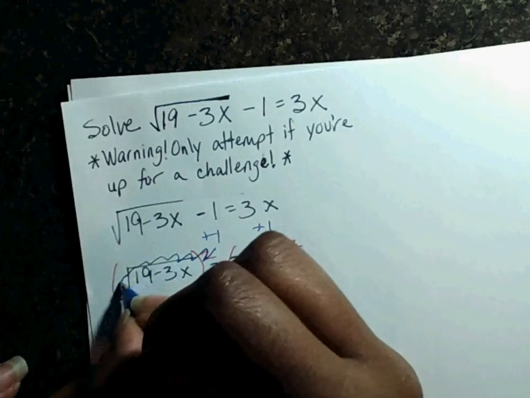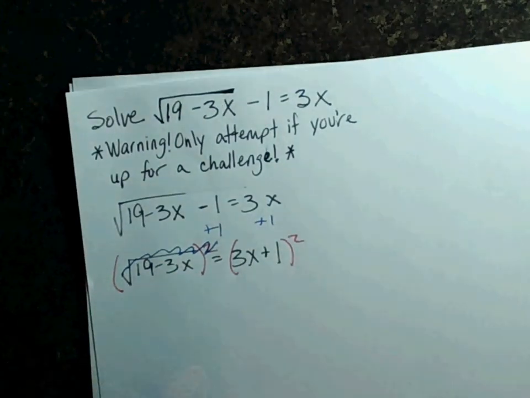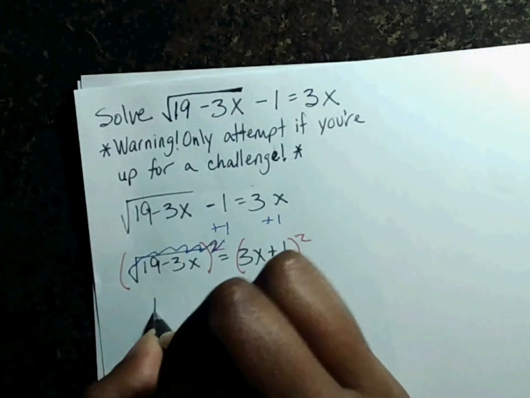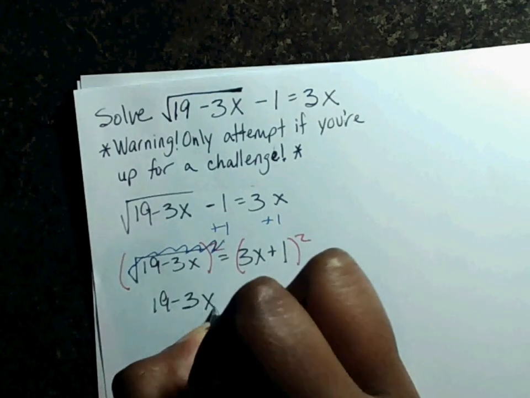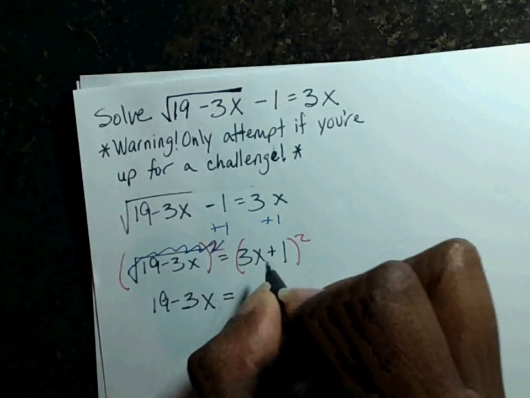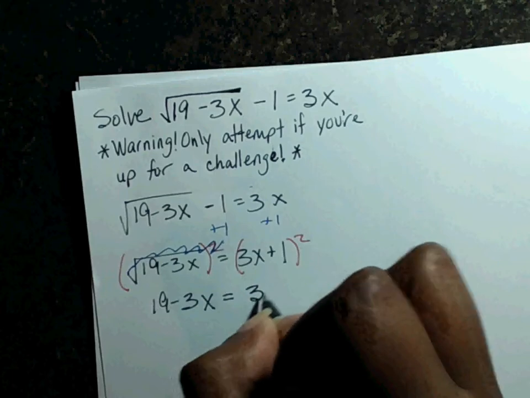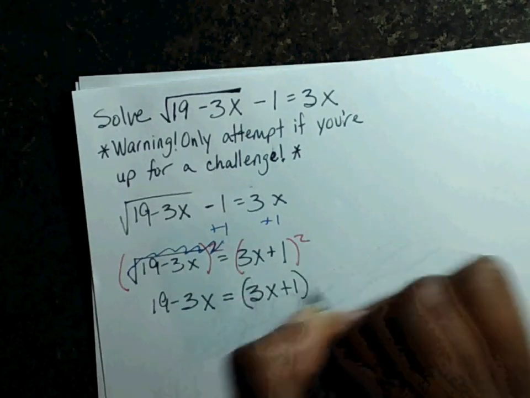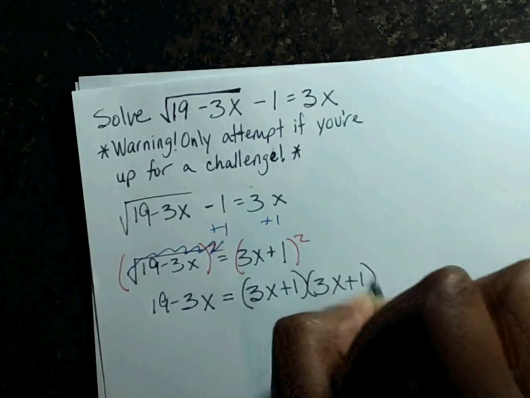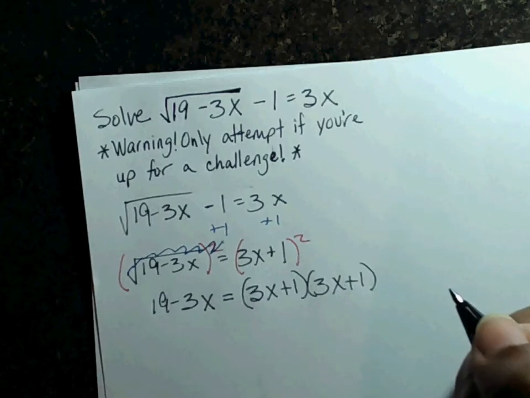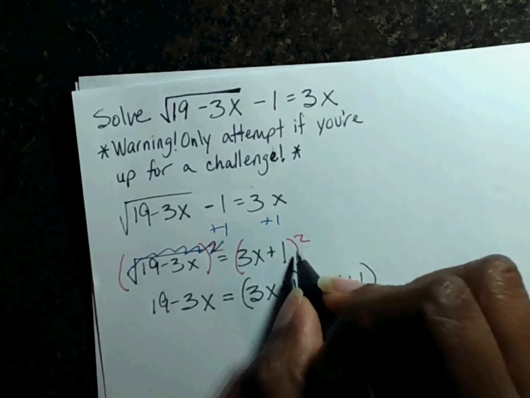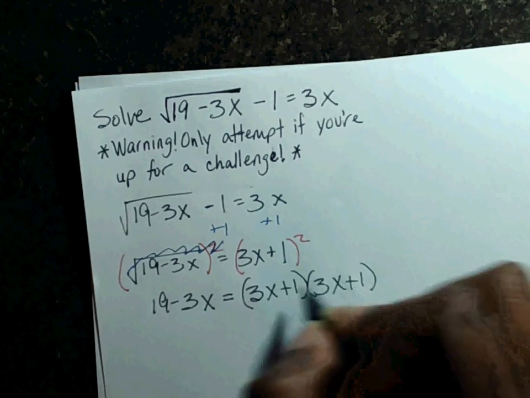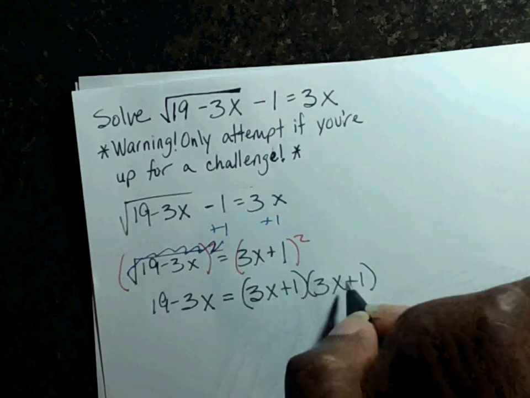These cancel each other out. You are left with 19 minus 3x equals 3x plus 1 squared. When you square something, you're multiplying it by itself twice. 1, 2.